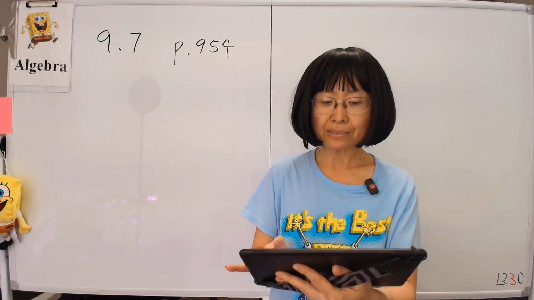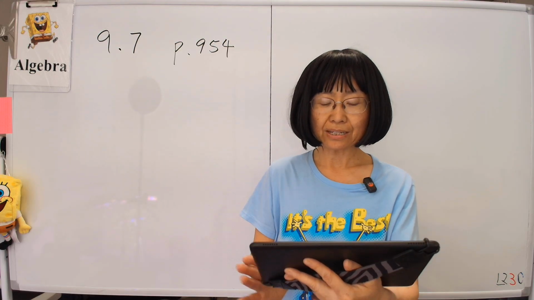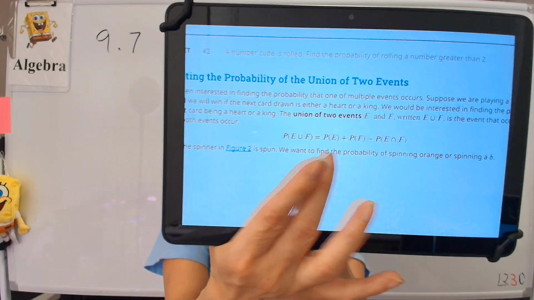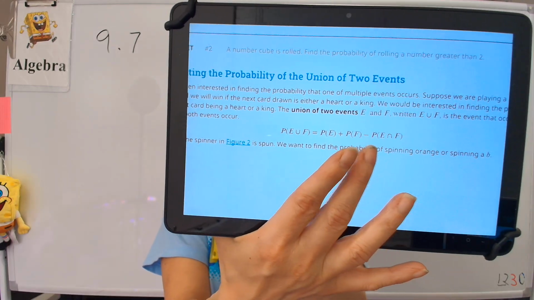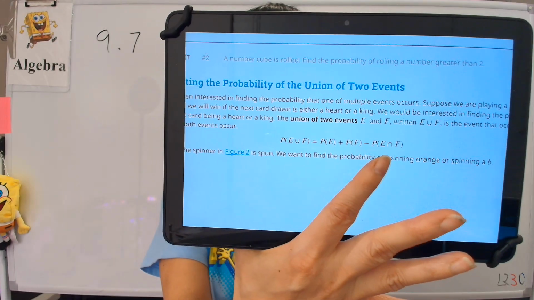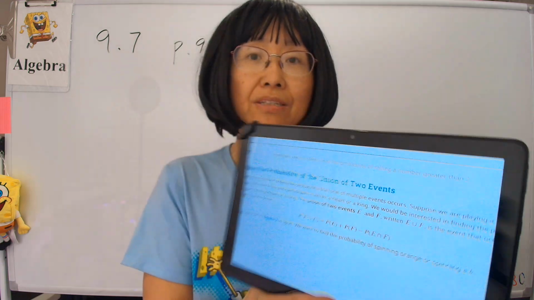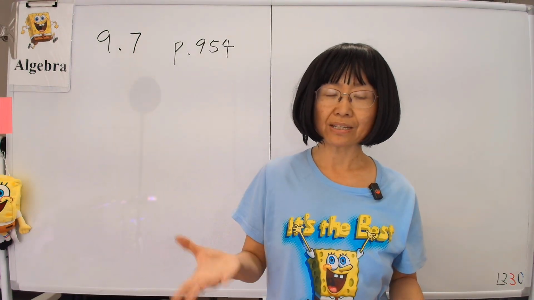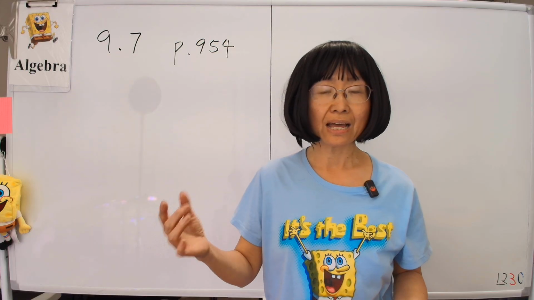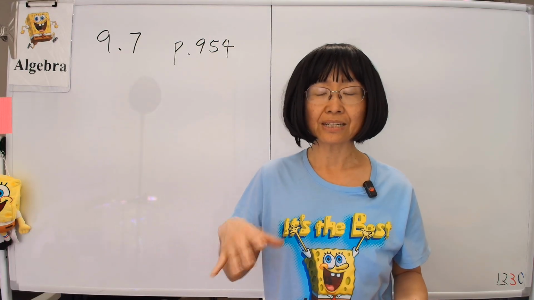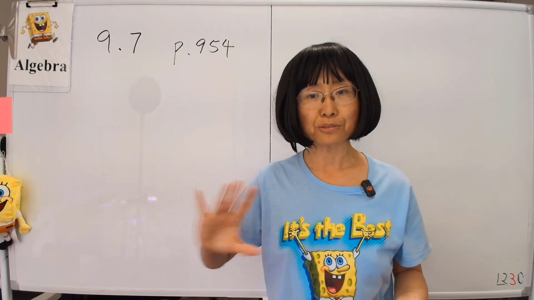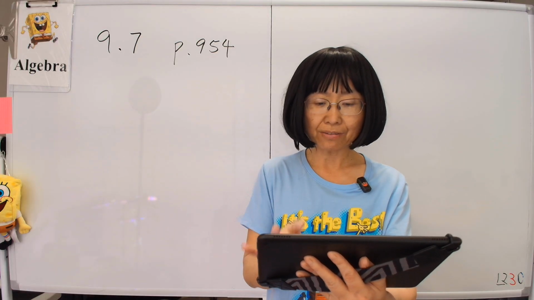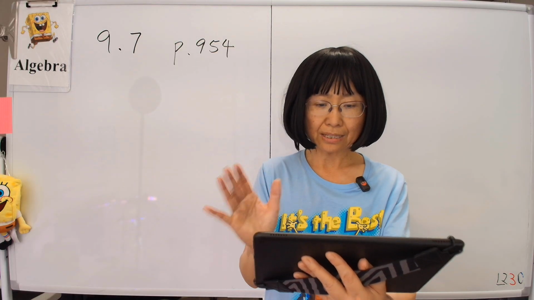So the probability of the union is given by the probability of each event, minus the probability of the intersection of those 2 events, because if the 2 events have something in common, then you're counting it twice. So you subtract the ones that are in both groups.